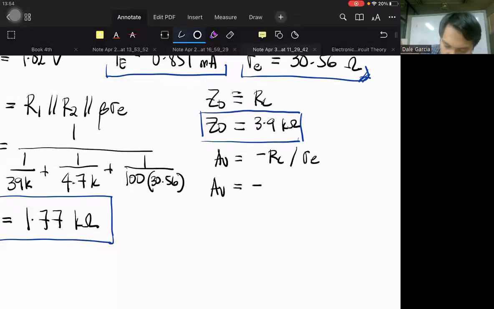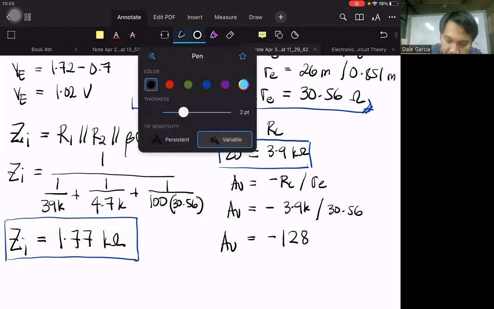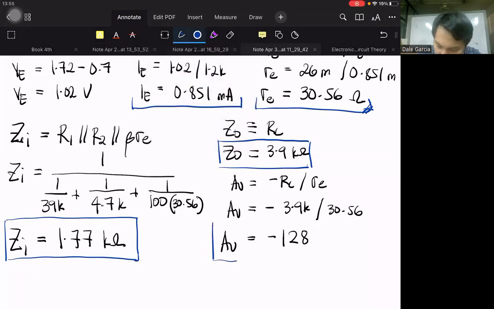Don't forget the negative sign. RC is 3.9K divided by 30.56. That is about 128, so negative 128. It is unitless, since it is a gain.